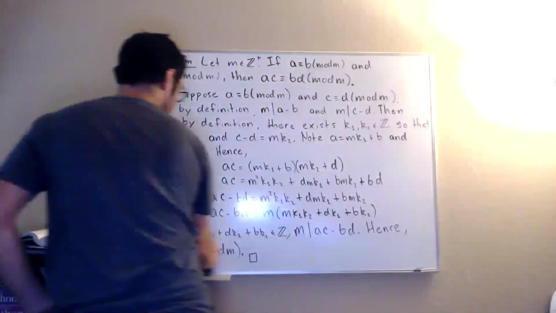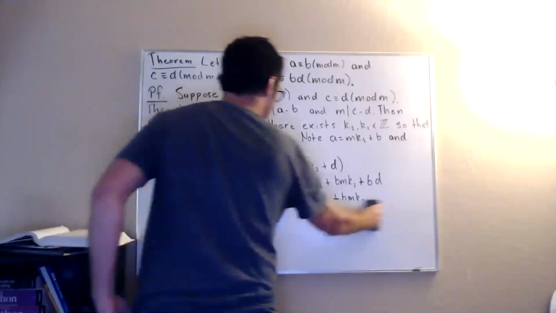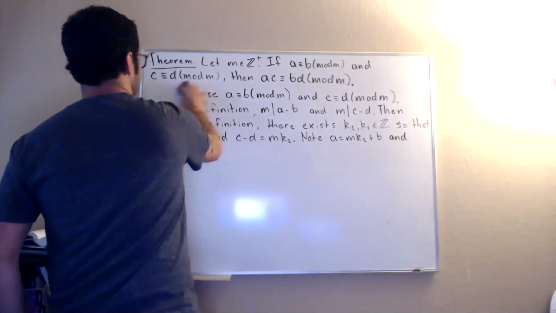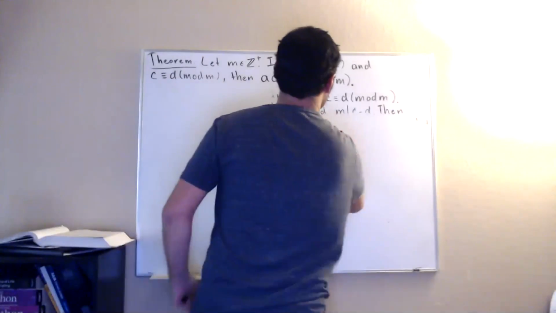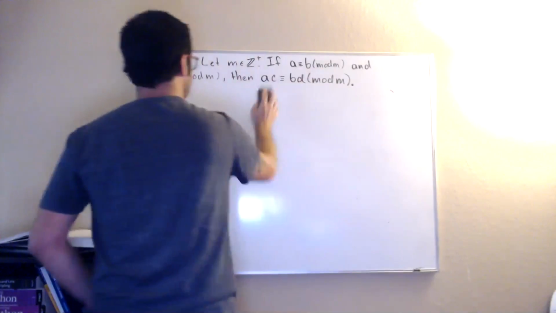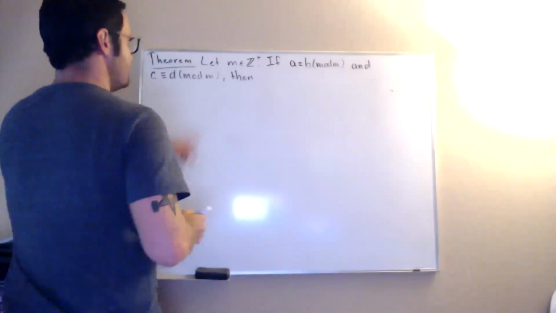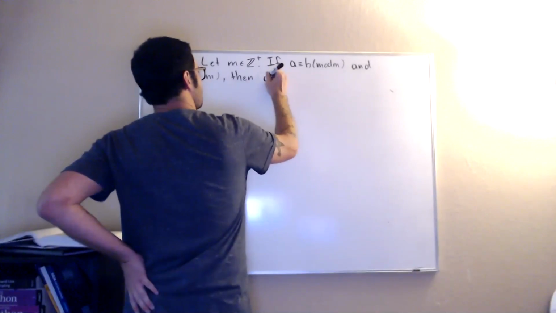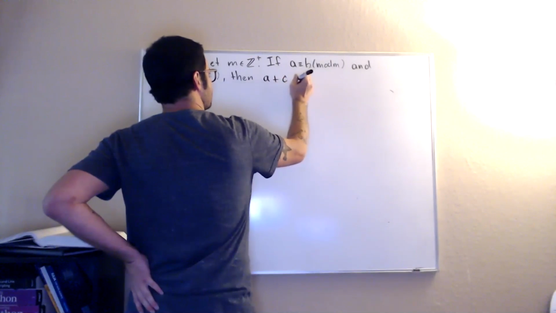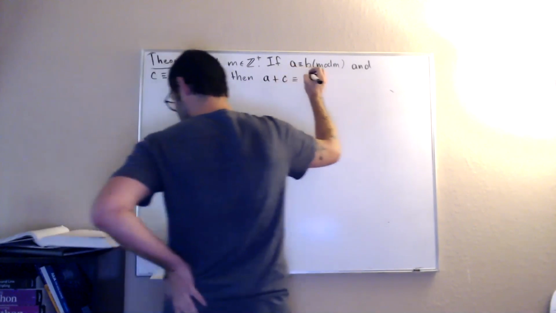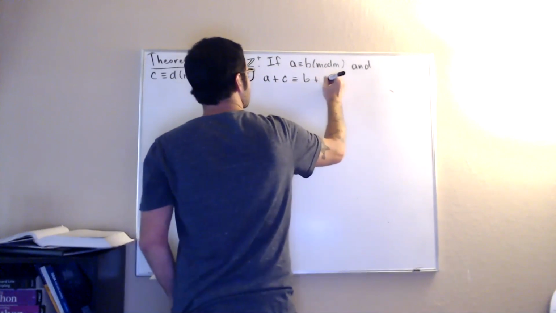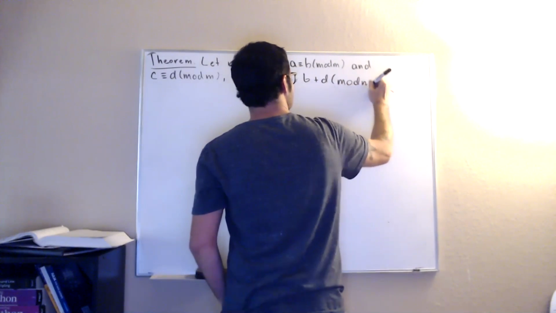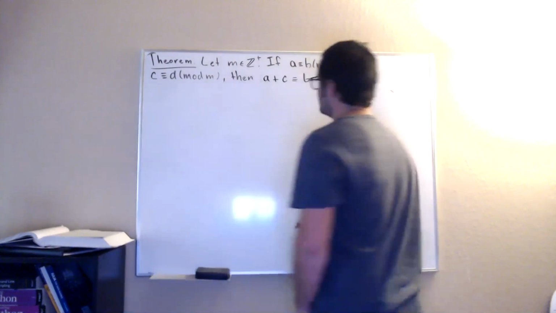Okay, so that will be it for my example proofs today. I'm going to leave you with some practice problems to try. So under these same conditions, prove that A plus C is congruent to B plus D modulo M. Okay.